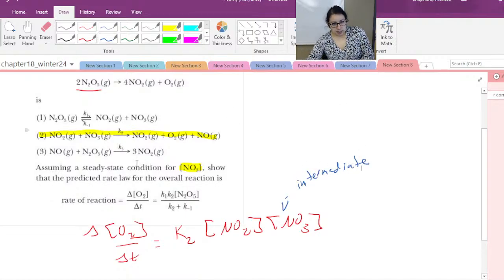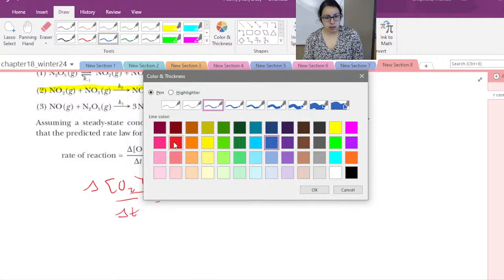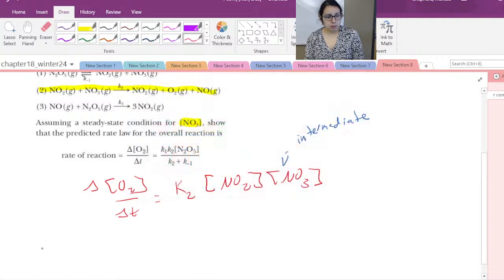It says steady state, but before we get into what that means, let's quantify where NO3 is formed and where it is consumed. Let's break that down explicitly.